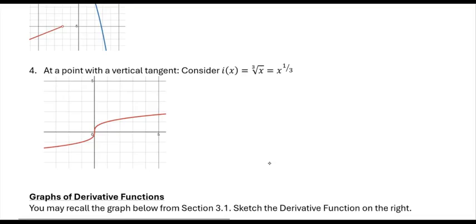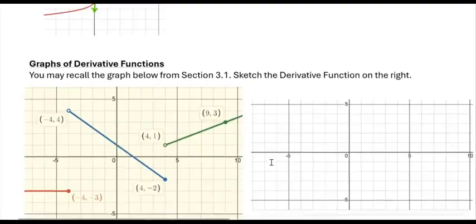I've provided cube root of x, or x to the 1/3. Right here at 0, there appears to be a vertical tangent line. So you would say i prime of 0 is undefined. What's cool about this is if you actually go through all the steps for finding the derivative function like we've done in this lecture, you would find that it's undefined algebraically or numerically by looking at that derivative as a function.